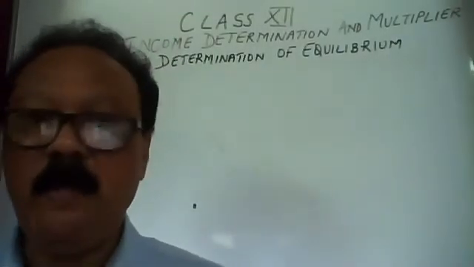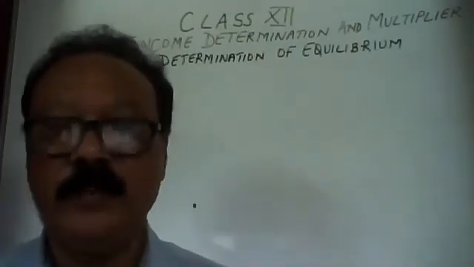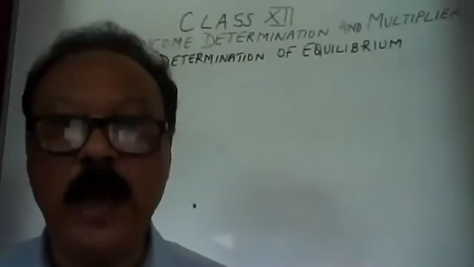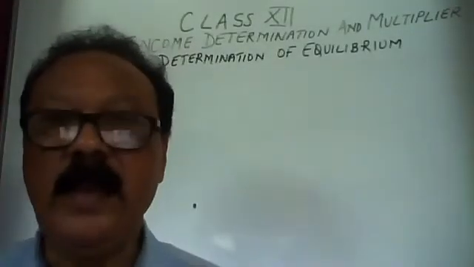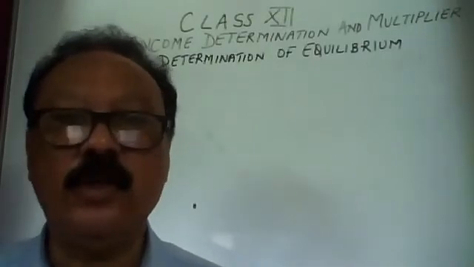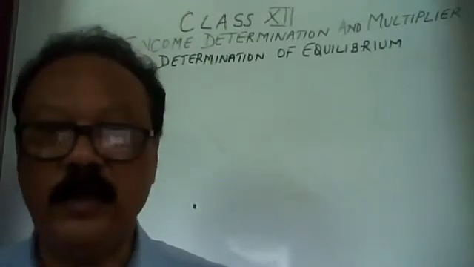The equilibrium level of income and employment, which is output, is determined where aggregate demand, which is AD, is equal to aggregate supply. Okay. So kindly write down, children.